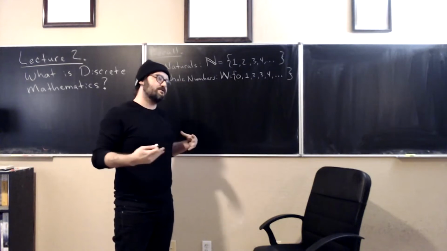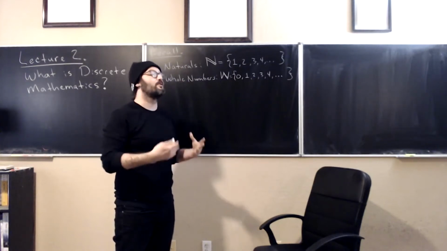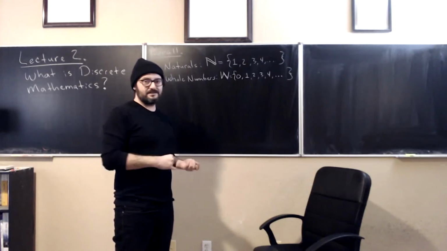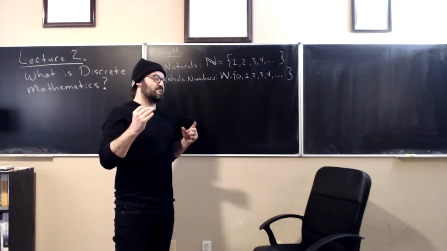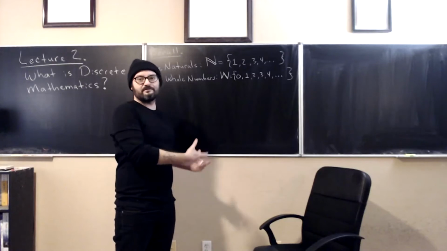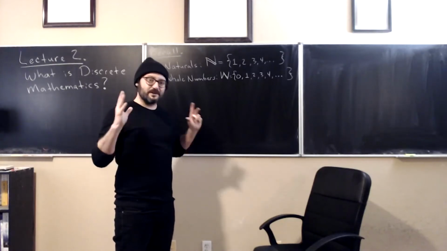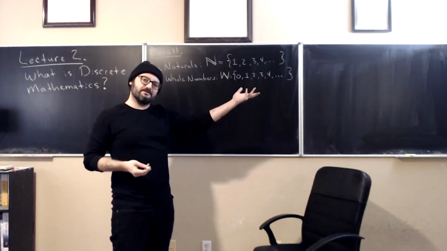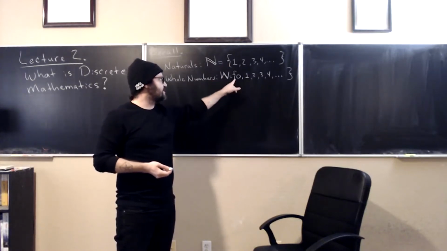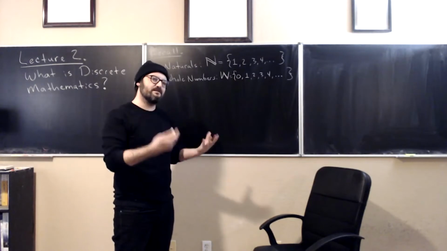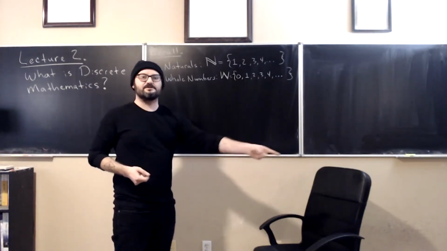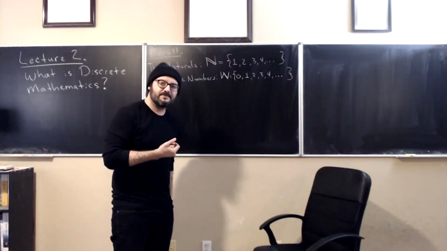So imagine, again, that you're living a long time ago when you're worried about eating and providing for a family, just barely making it by. Yes, you would want to count things, but where is the need for zero? When would you ever have that need to point at something and say there's zero of those things, right?